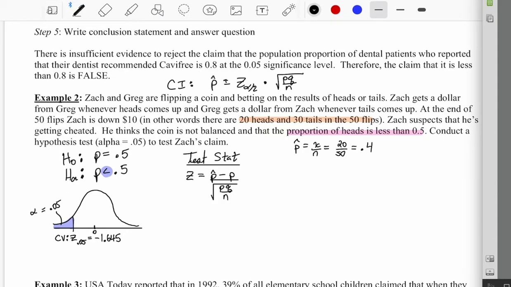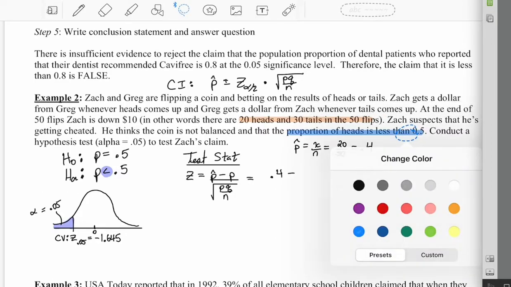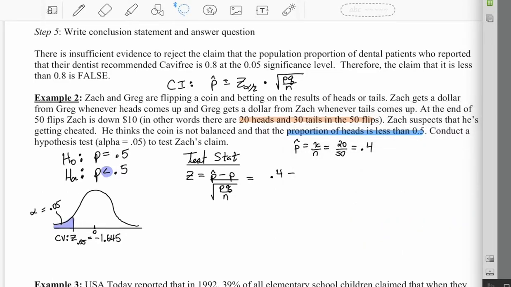So my test statistic is going to be 0.4 minus the assumed value for p. Minus the population parameter, or the assumed population parameter, which would be 0.5.